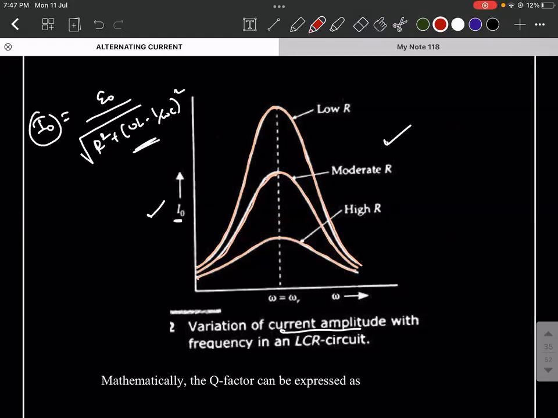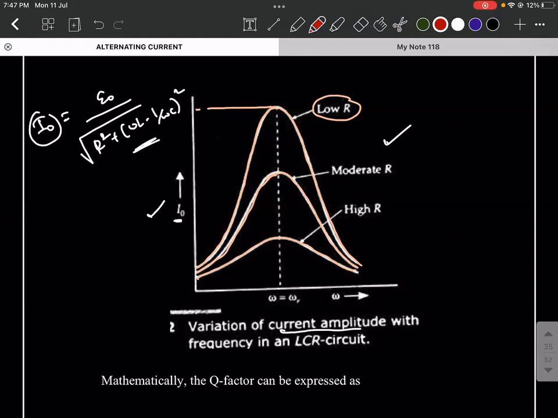Now the first graph, because you connected across a series RLC circuit where the resistance is low. So obviously, if resistance is low, what will happen to current? It will be maximum. So that is why here it is maximum.